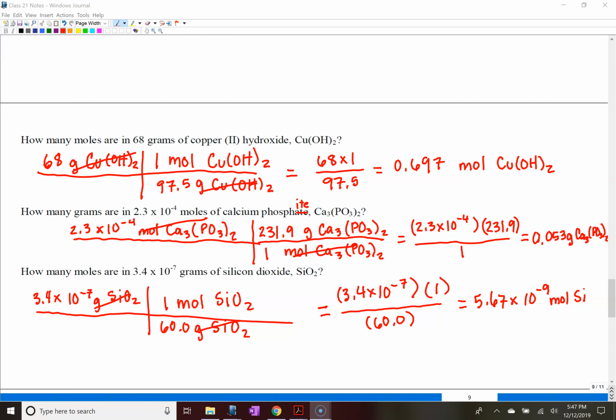Now, I know from my mole definitions that 1 mole is equal to the molar mass in grams. So if I figure out the molar mass of silicon dioxide, which comes out to be 60, and put that in front of grams, and a 1 in front of moles, that tells me that I have 5.67 times 10 to the negative 9 moles of silicon dioxide.